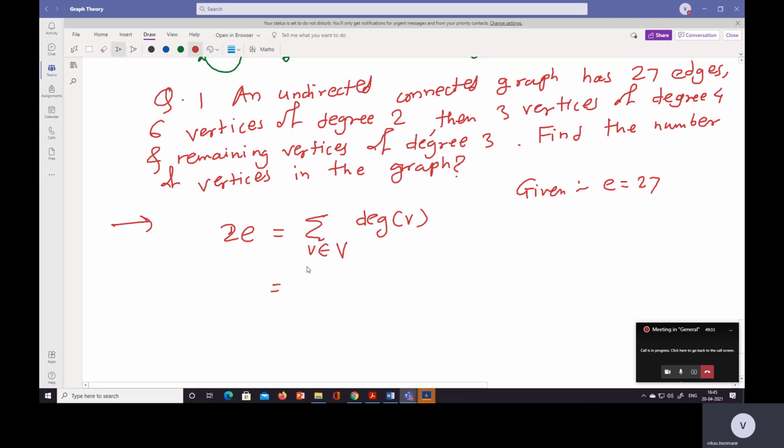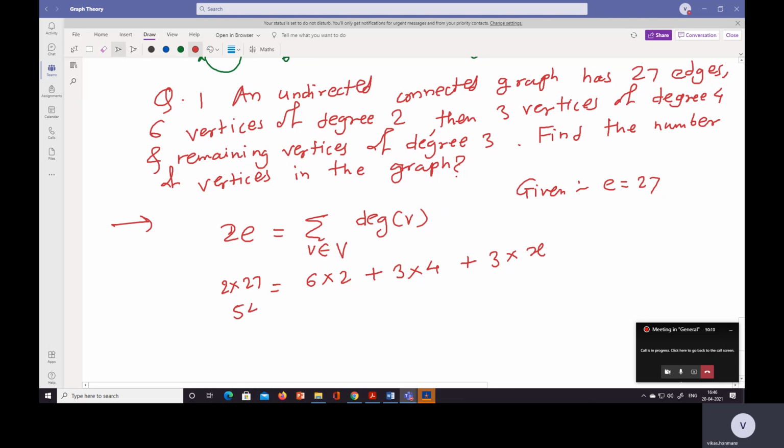So 6 vertices of degree 2, 6 into 2, then 3 vertices of degree 4, and the remaining vertices we assume as x. So 3 into x, and e is 27. 2 into 27 is 54.